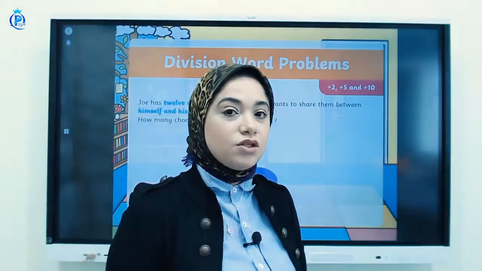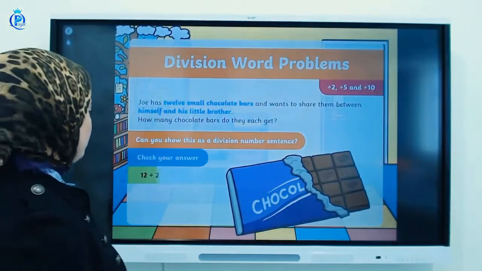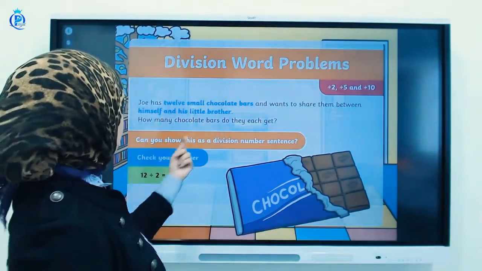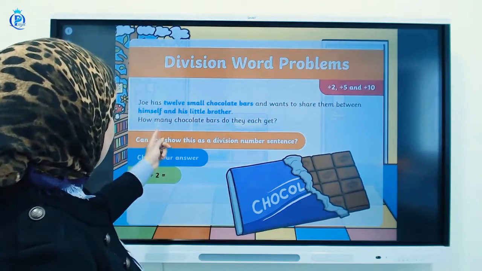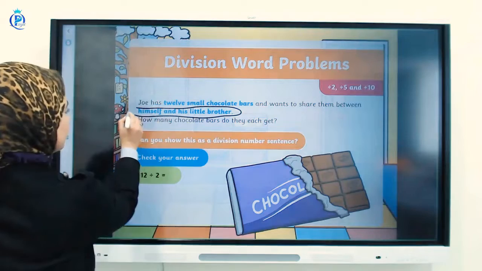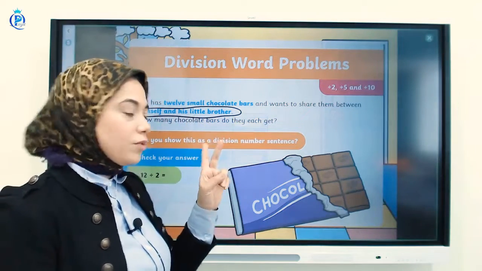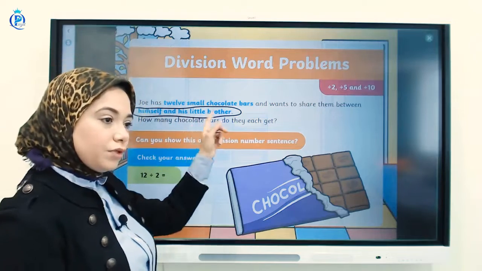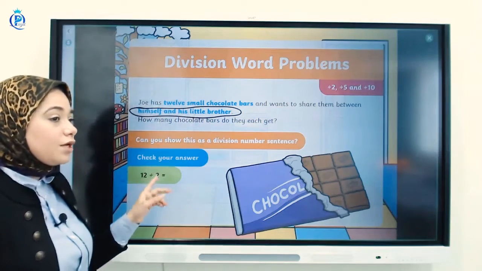Share means division, right or wrong? So it will be 12 divided by 2, because he told me himself and his little brother, which is 2. So it's 12 divided by 2.